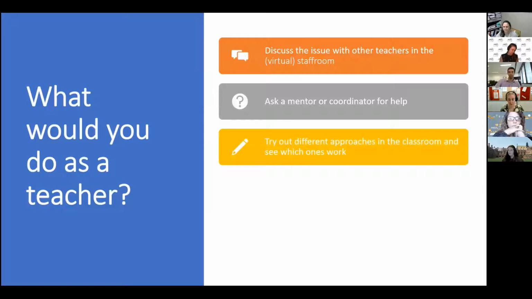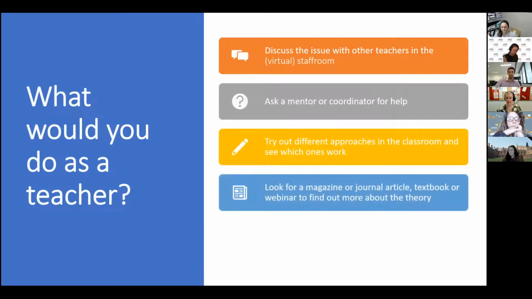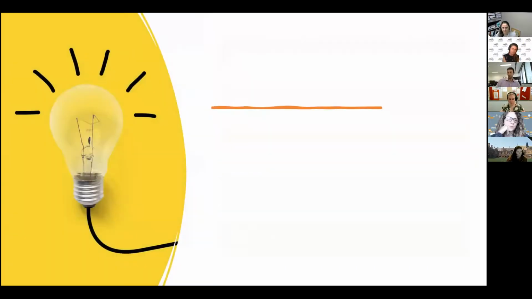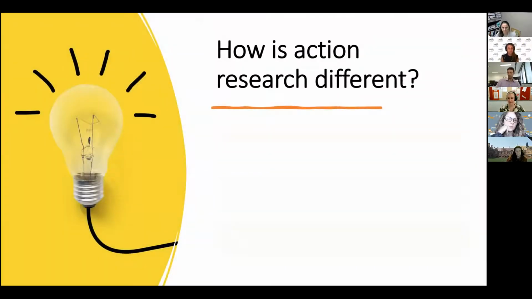Perhaps you just try a number of different approaches, see which ones work, experiment, do some research, look in a magazine, a journal article, try and find out some more about the theory behind the issue that you're having, or something else. So the question that we're going to ask today is, how is action research different to this really normal process that teachers go through every day?